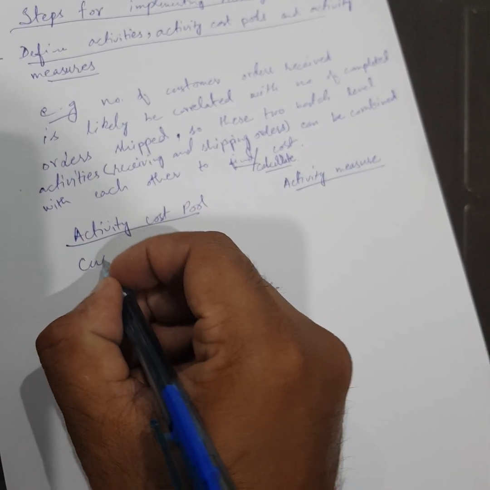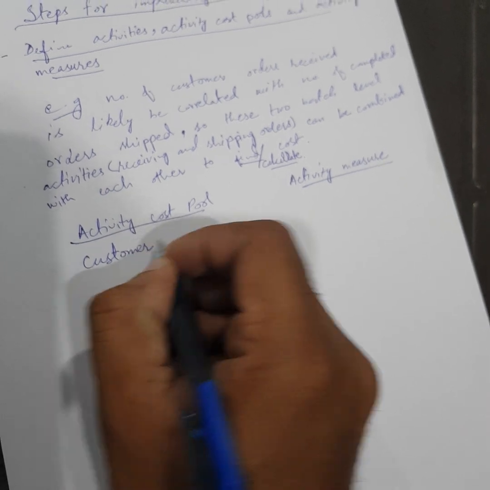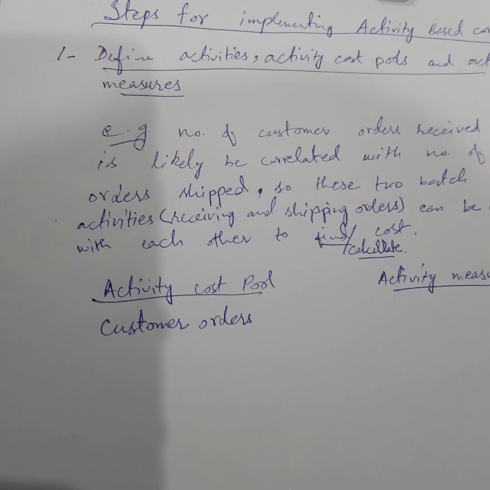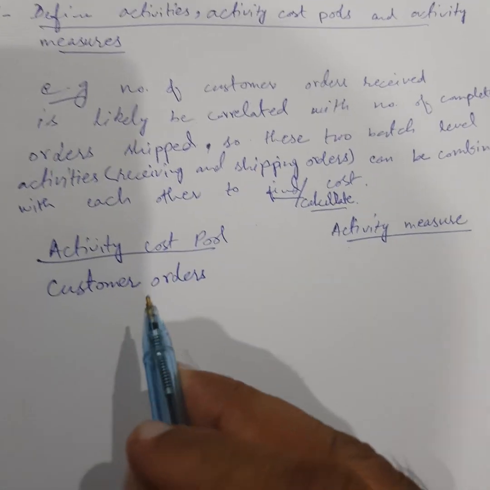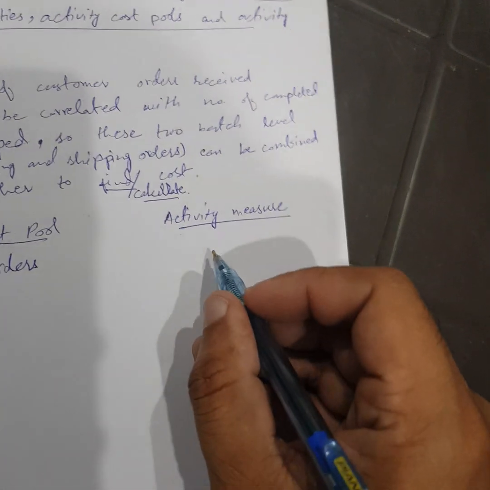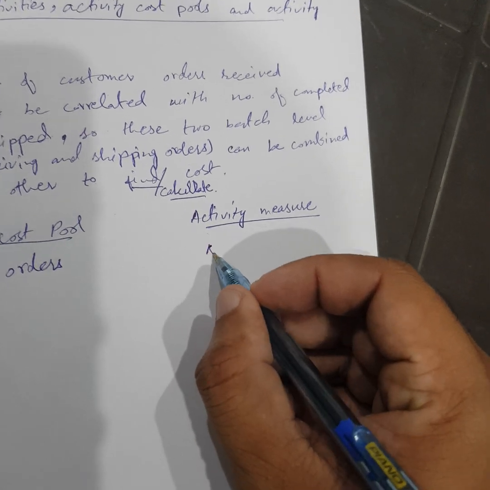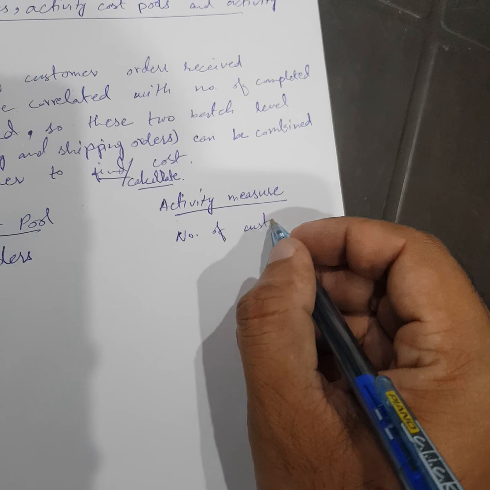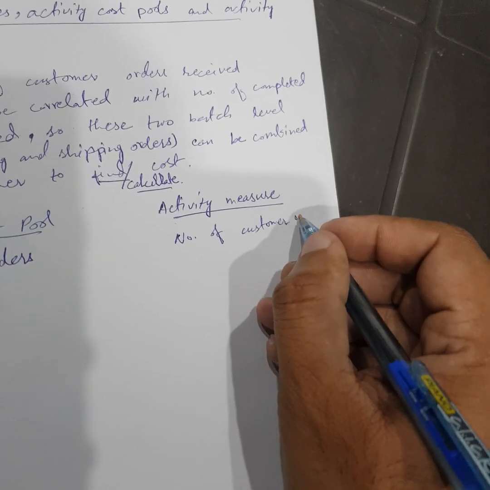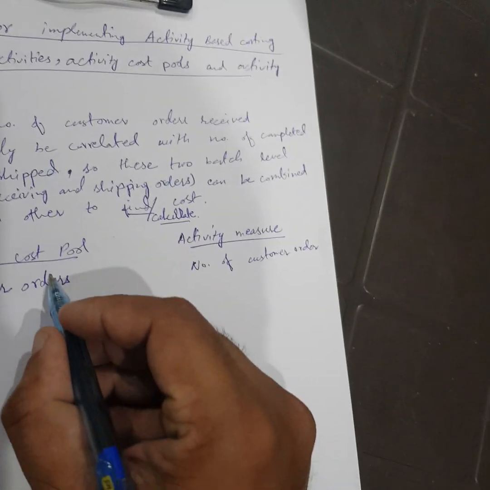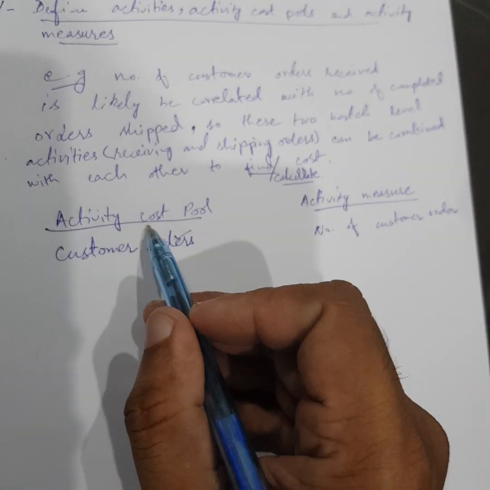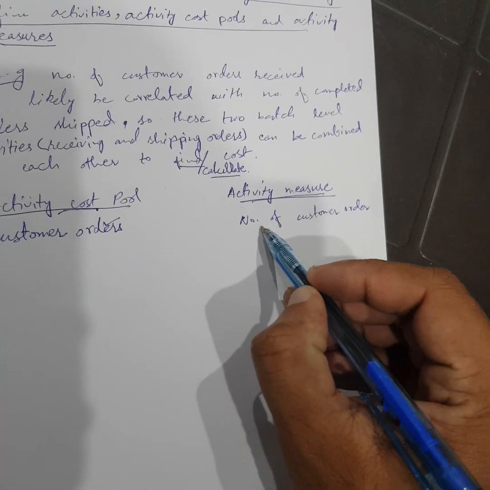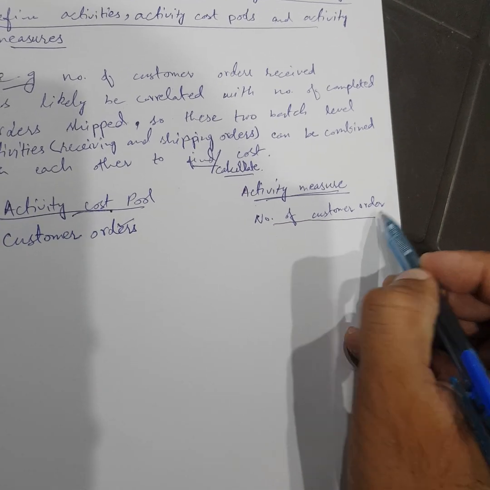For example, for the activity cost pool customer orders, the activity measure is the number of customer orders. To find out the cost of this activity, we have to measure the activity based on the number of customer orders.